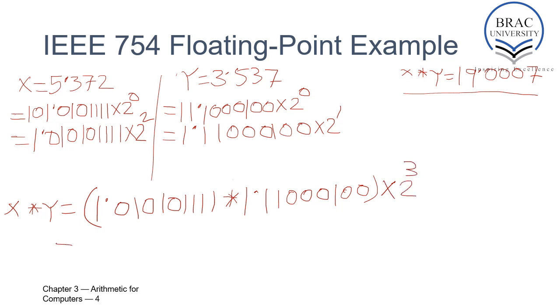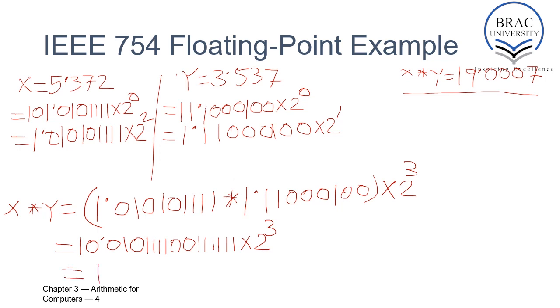So if you perform the regular multiplication, then what you would get is something like this: 10.01010, then 4 ones, 1 2 3 4, and then 0000, and then you would get 6 ones, 1 2 3 4 5 6 into 2 to the power 3.